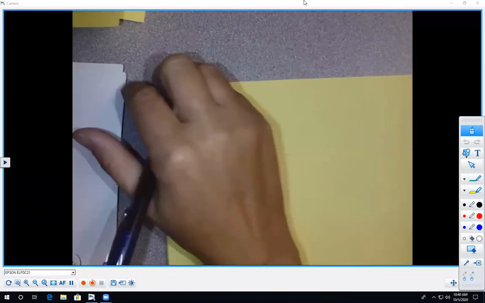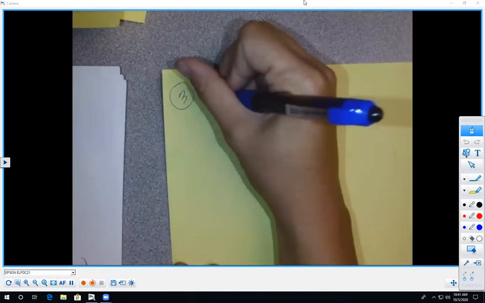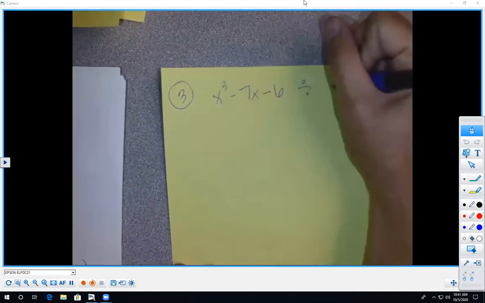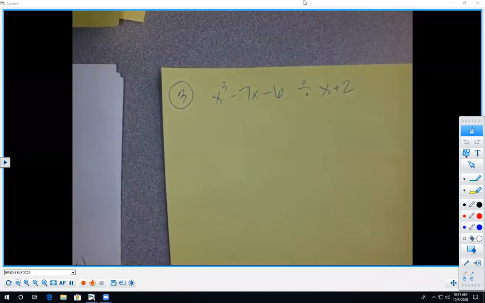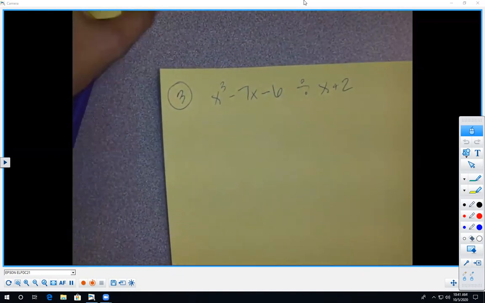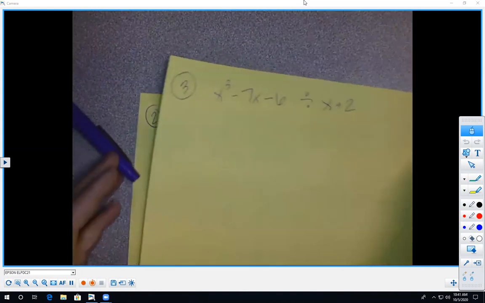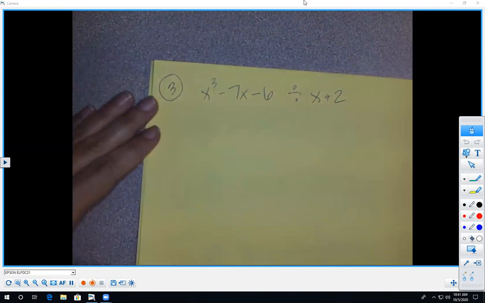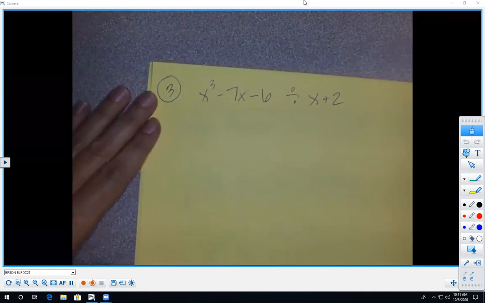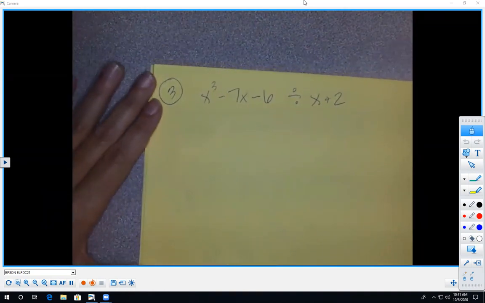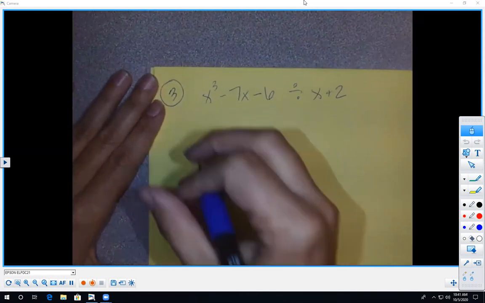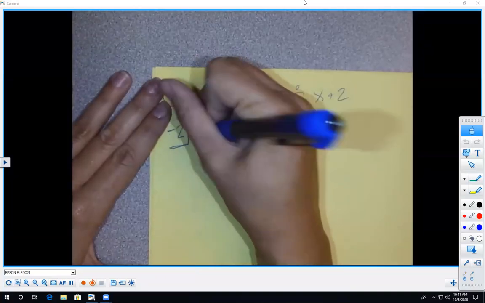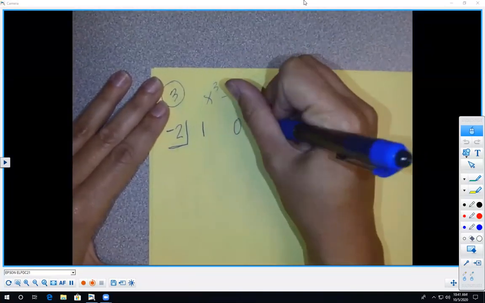Okay, so let's do this one, x to the third minus 7x minus 6, and divide that by x plus 2. Don't forget your placeholder for x squared.